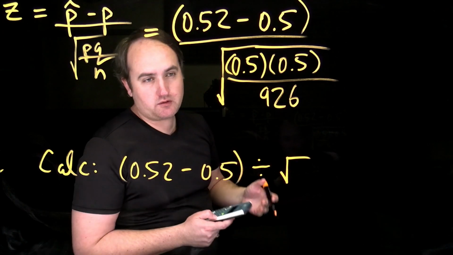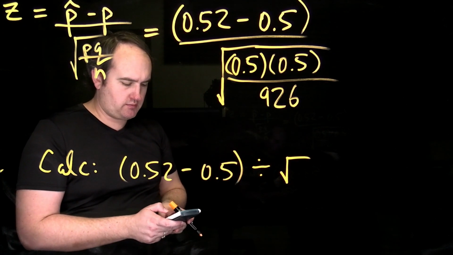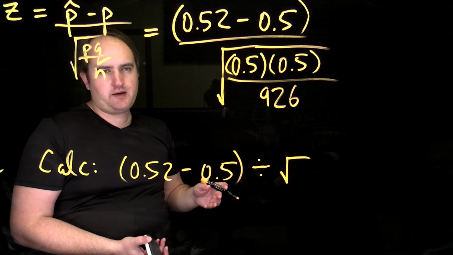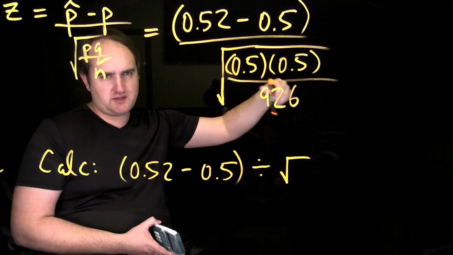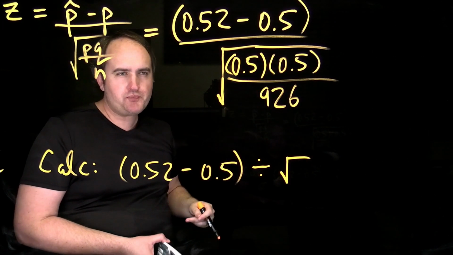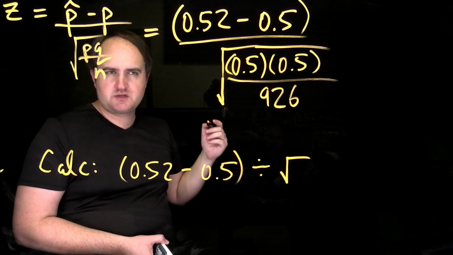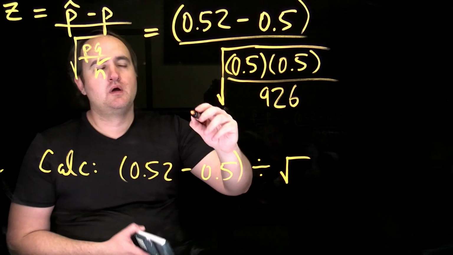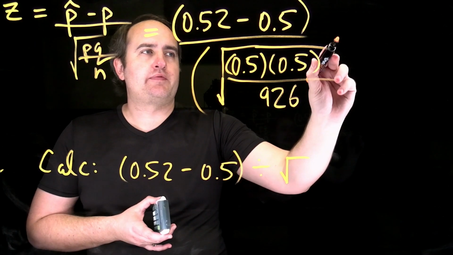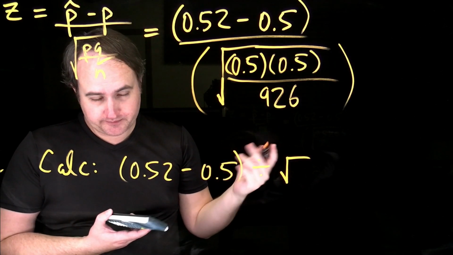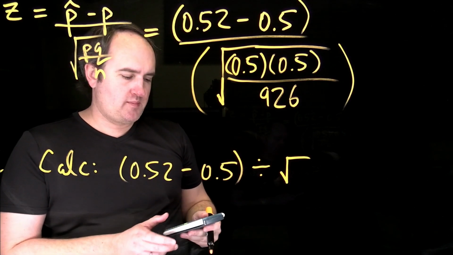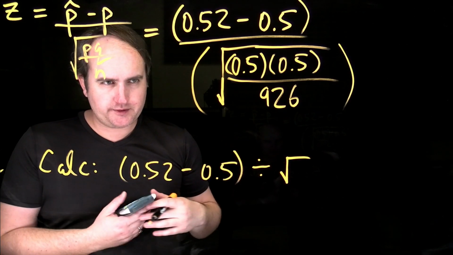On my particular calculator, when I press the square root button, it automatically puts everything after that in the square root. But if your calculator doesn't do that, you might also need to put parentheses around the denominator when you're typing it in. For mine, it does that automatically.